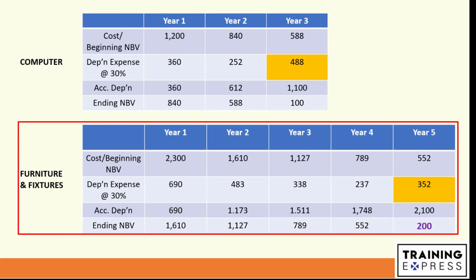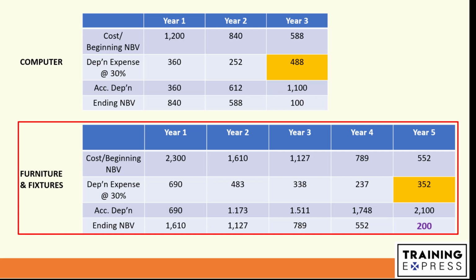Year number 4, we start with $789, depreciation $237, accumulated depreciation $1,748, and ending net book value is equal to $552. Now this is the last year. We start with $552. If we calculate 30%, the amount will be different.